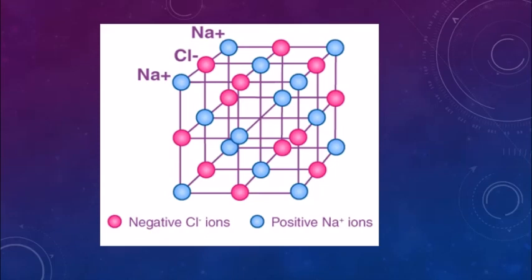And as it is a crystalline structure, the negative ions are arranged around the positive ions, and the positive ions are arranged around the negative ions. So negative and positive ions are arranged in between each other. Also, the electrostatic attraction between these oppositely charged ions is very strong.